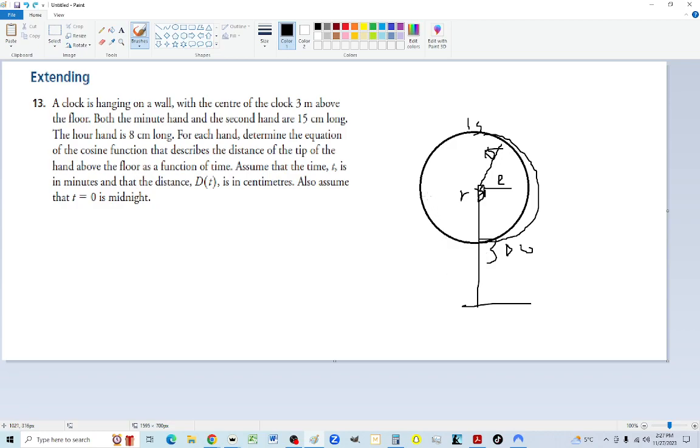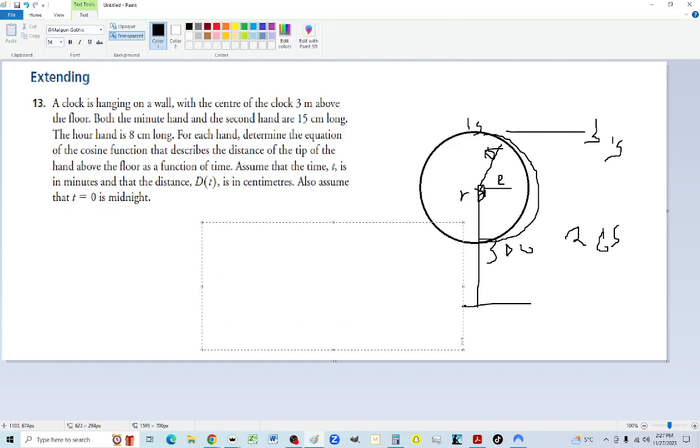But since it's 300 centimeters above the ground, the high point is 315 and the low point is 285. Which means, talking about the minute hand first, the amplitude is 15. The center is 300, so the axis is y = 300.